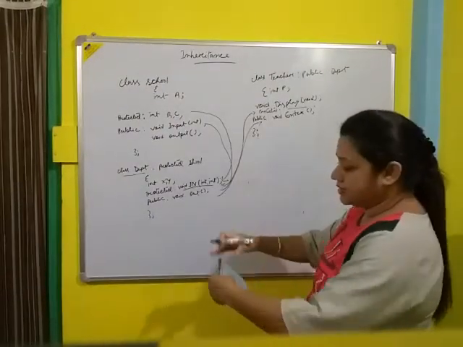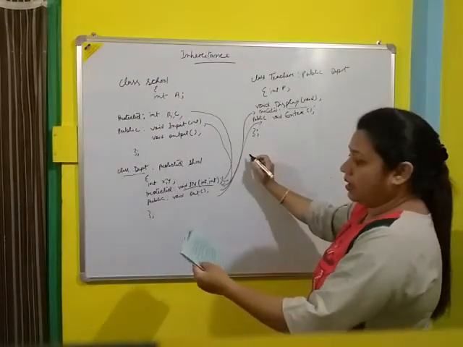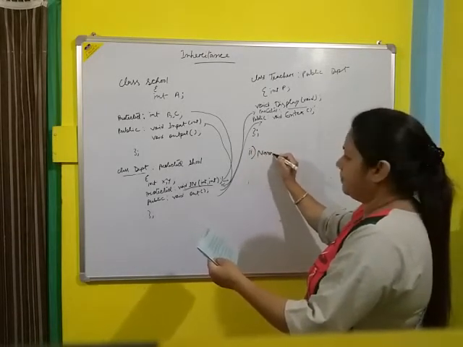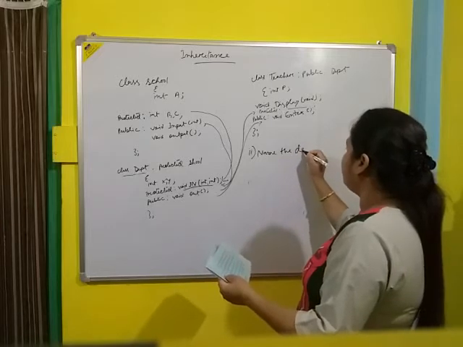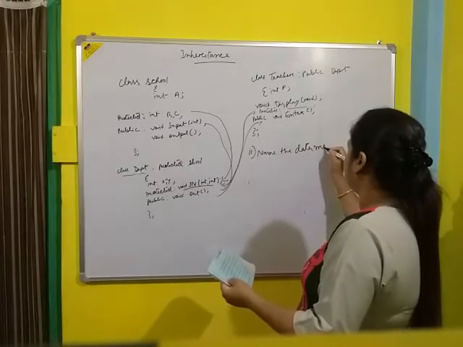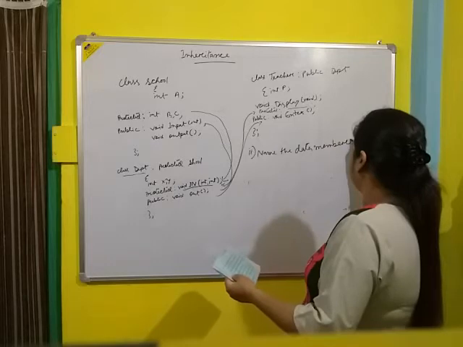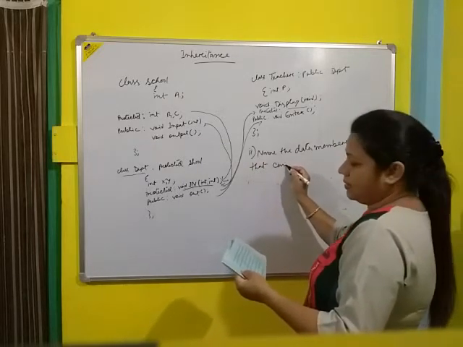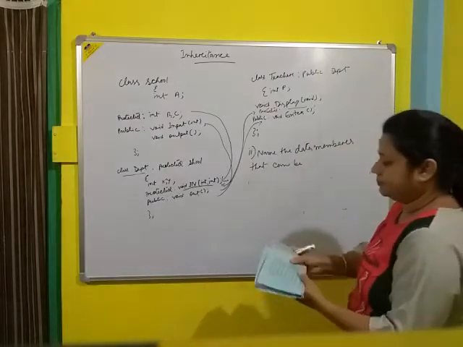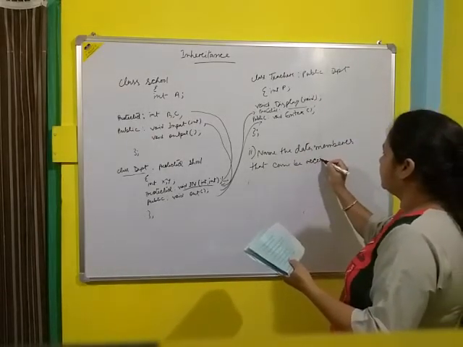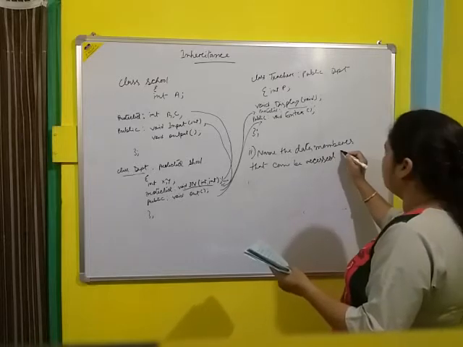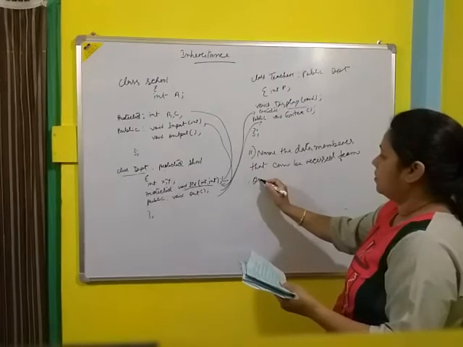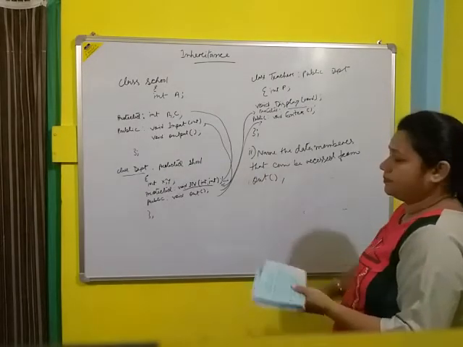Move to the second question. So what is the question? Name the data members that can be accessed from out function.